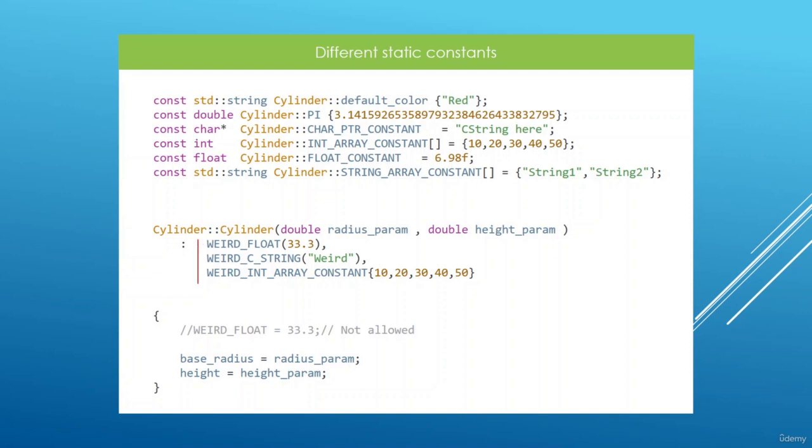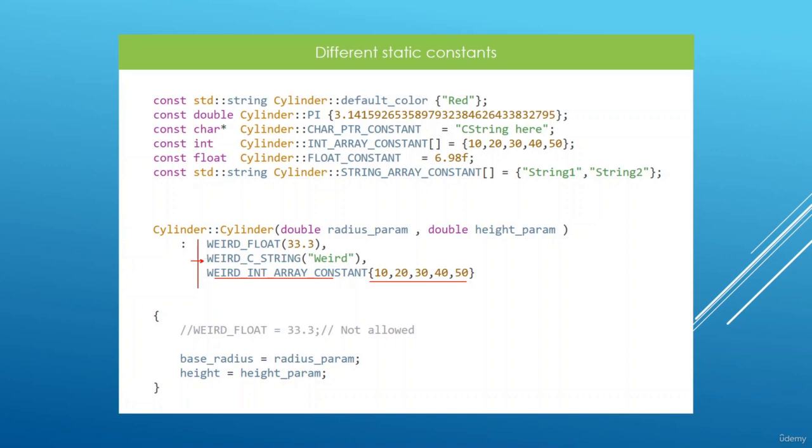And this is what we have here. So we're going to initialize weird float with a float literal or a double literal here, but we're going to have a narrowing conversion here. We're going to initialize our weird C string member variable with a string literal, and we're going to initialize our array of int using the syntax you see here. And this is going to work. We have to go through an initializer list if our member variable happens to be a constant.